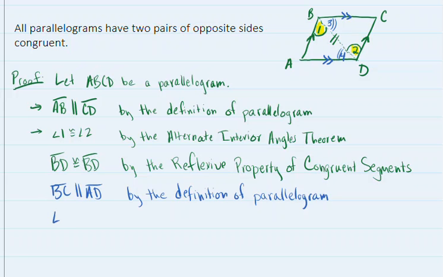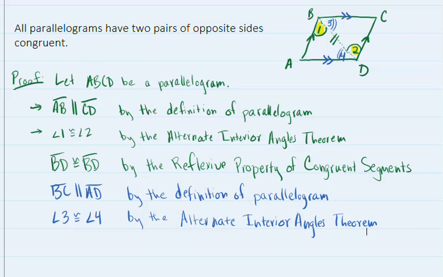So angle 3 is congruent to angle 4 by the alternate interior angles theorem. So give me just a minute to write that alternate interior angles theorem. And a lot of you guys will use shorthand for that, and that's okay.